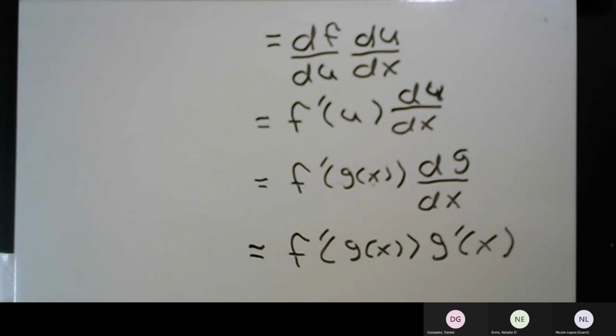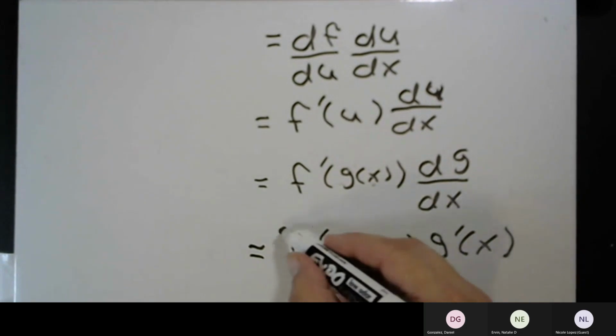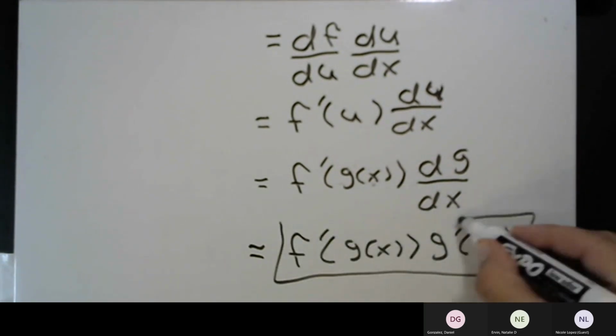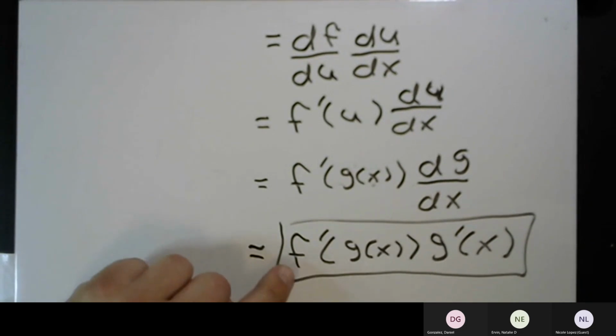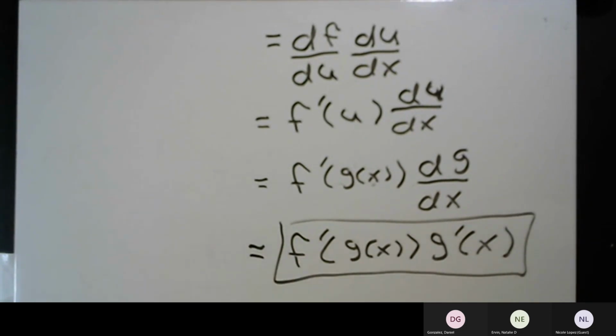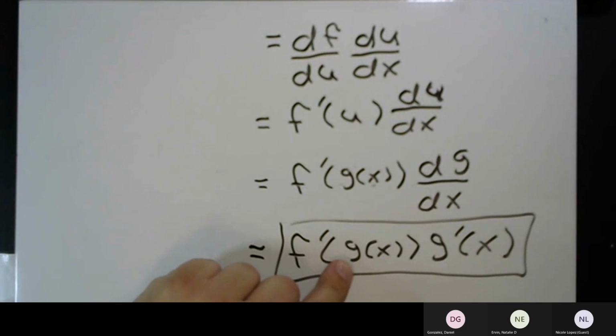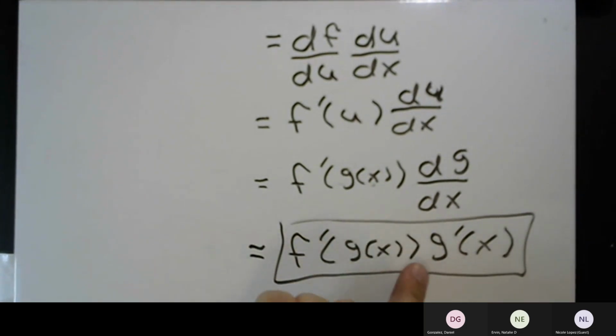So this is how this rule works. So if you're taking the composition of f with a g on the inside, you'll take the derivative of f first, leaving g alone, and then you'll multiply to that the derivative of g.